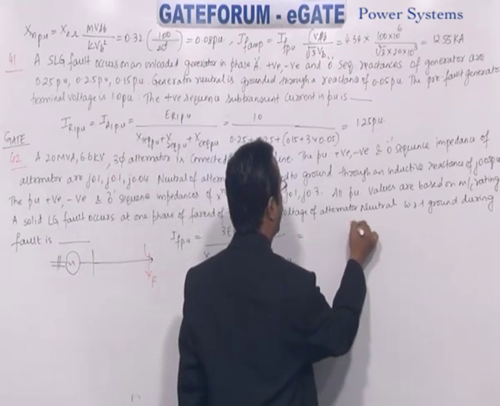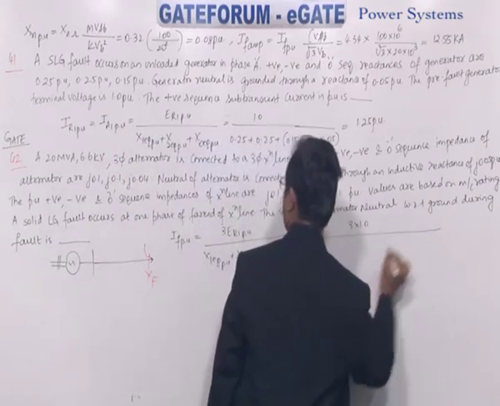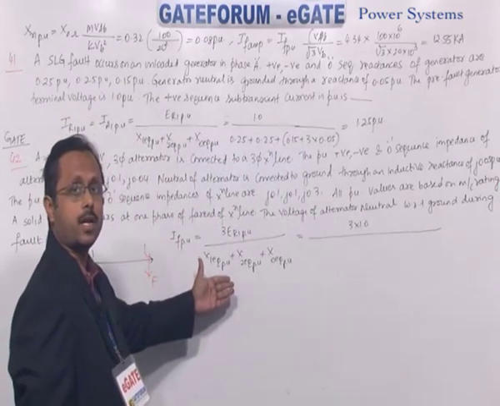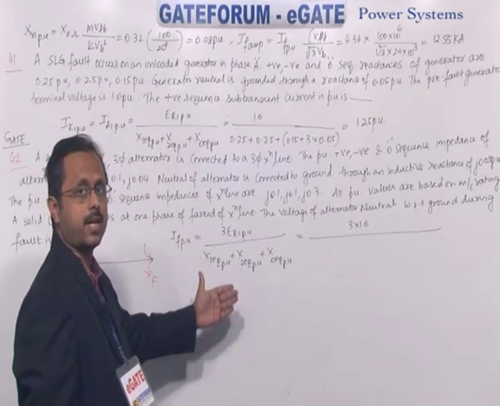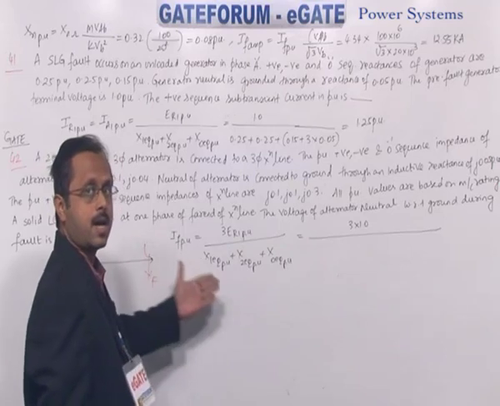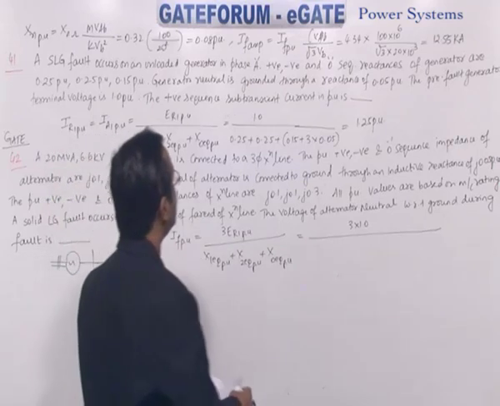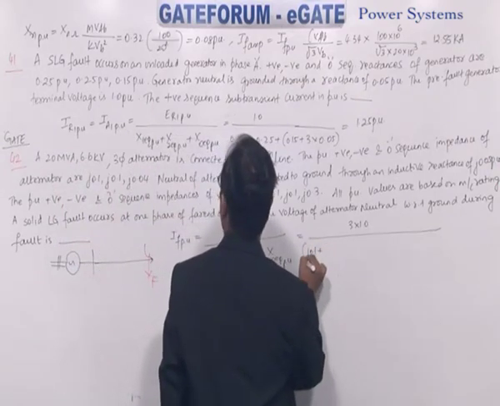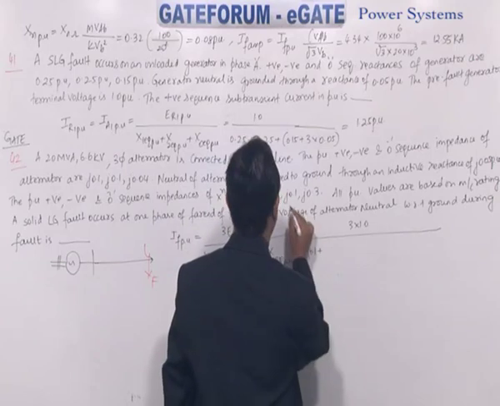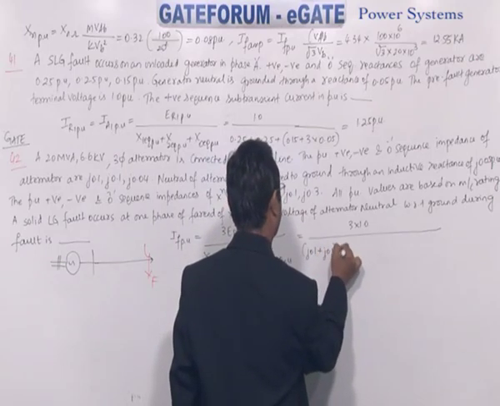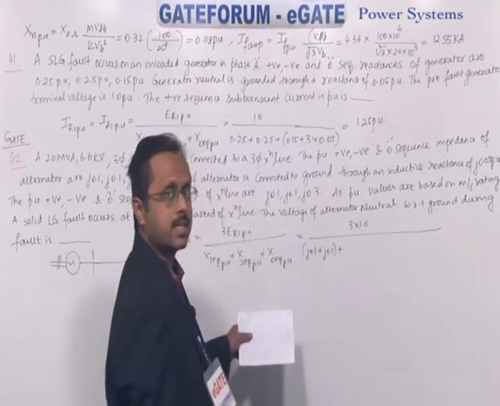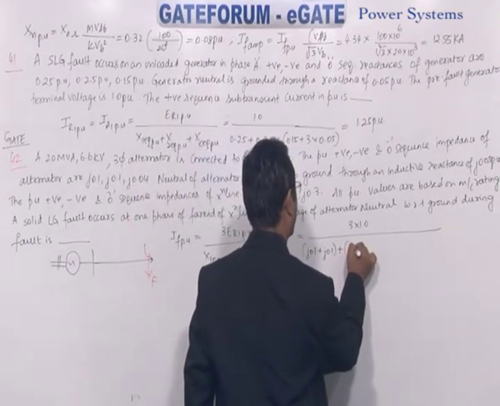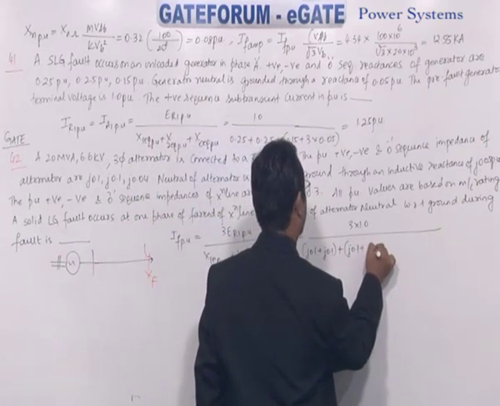ER1 value is 1. Now X1 equivalent means you should include the positive sequence reactance of the alternator and line: j0.1 for the alternator, and again j0.1 for the line. Now the negative sequence reactance of the alternator is j0.1, and of the line is j0.1.